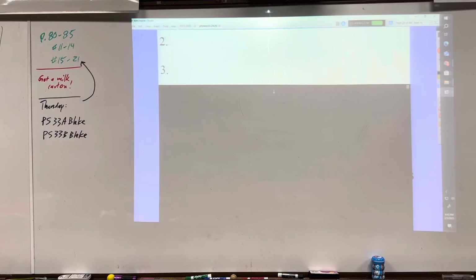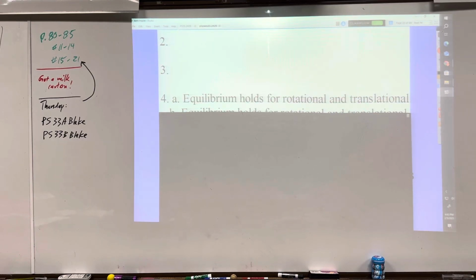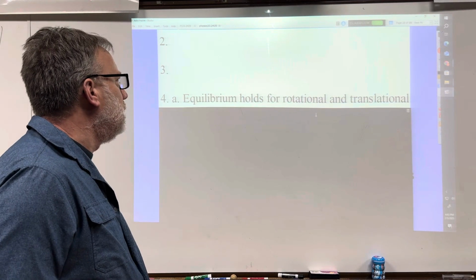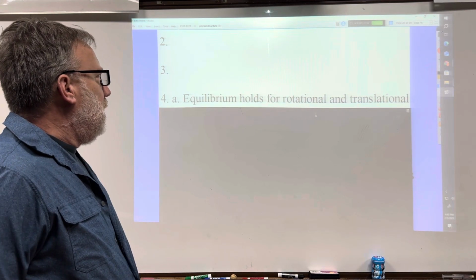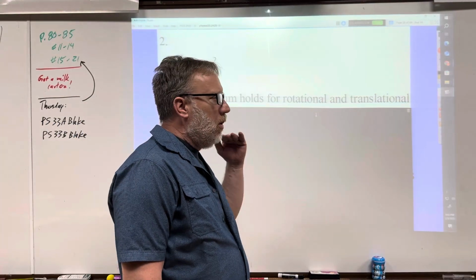Number 4, identify which, if any, conditions for equilibrium hold for the following situations. A bicycle wheel rolling along a level highway at constant speed. So if your speed is constant, there's no acceleration, angularly or translationally.